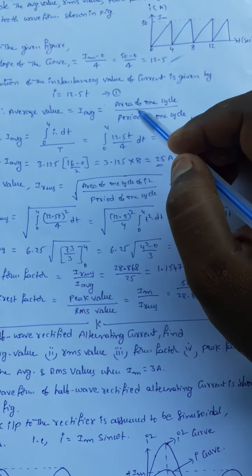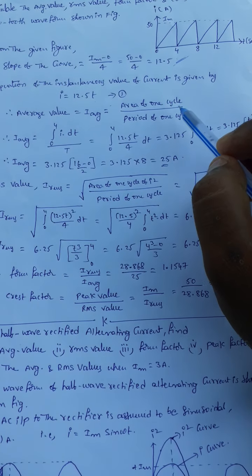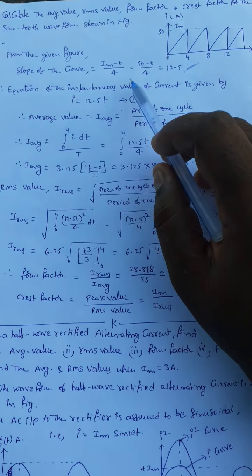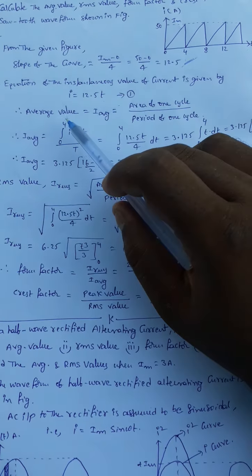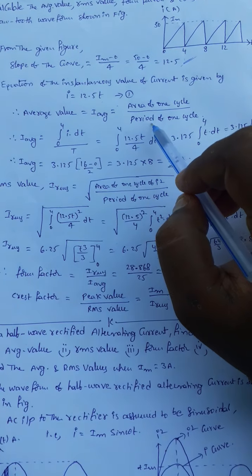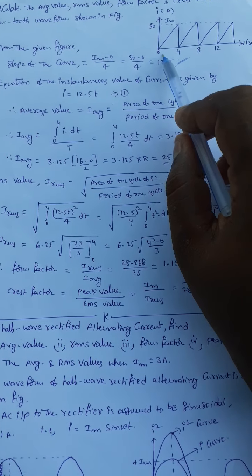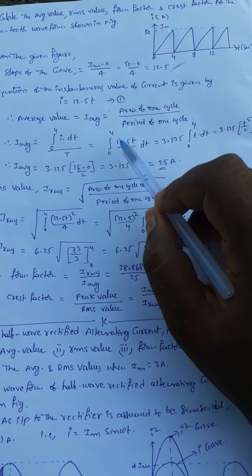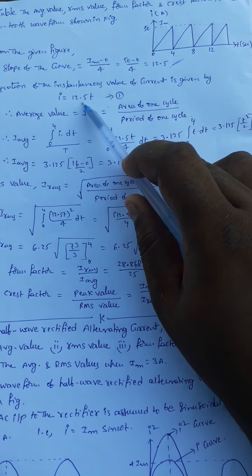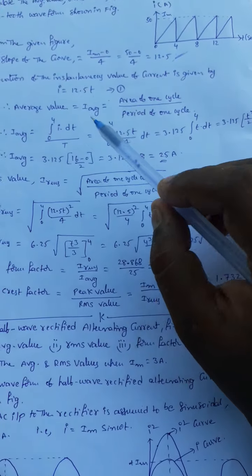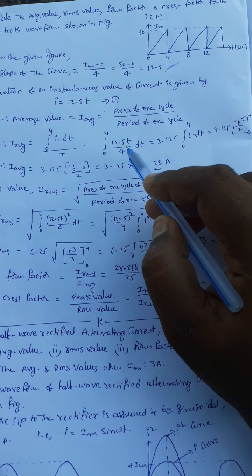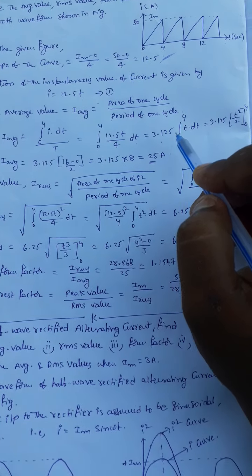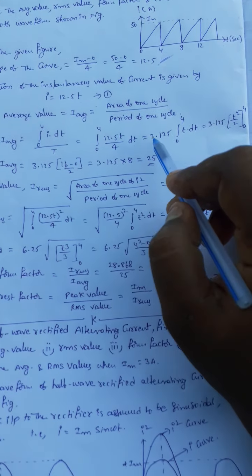First we have to find the average value. I average is equal to the area of one cycle by the period of one cycle. So the area is the integration between the limits 0 to 4 of i dt, divided by the period of the cycle. The total time period is 4. So integrating from 0 to 4, with i from equation 1, 12.5 t by 4 dt. 12.5 by 4 is 3.125, which comes out of the integration since it is a constant.